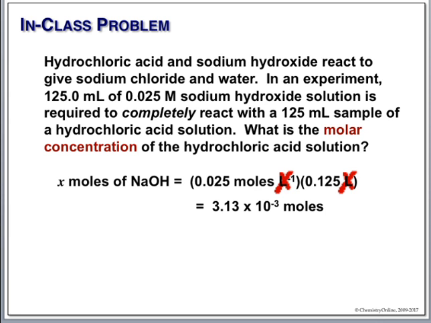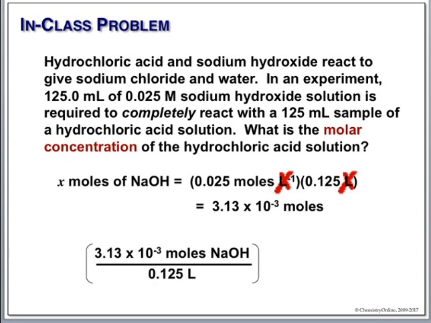Now, according to our equation, 1 mole of HCl reacts with 1 mole of sodium hydroxide. So here's our moles of sodium hydroxide. Here's our volume, that's molar. Moles of sodium hydroxide is equal to moles of HCl. So what's our concentration?